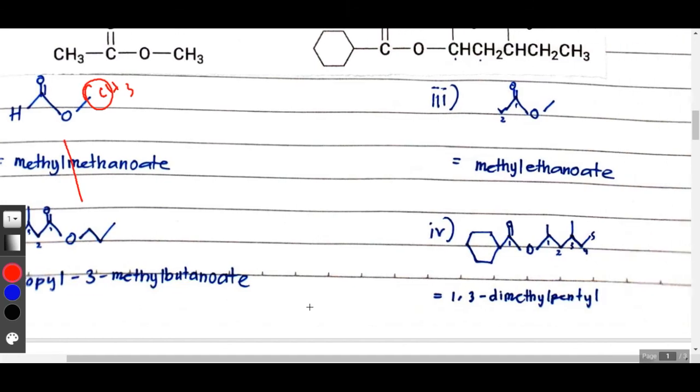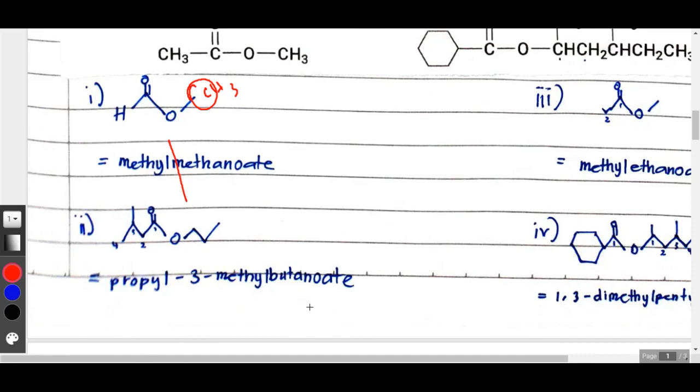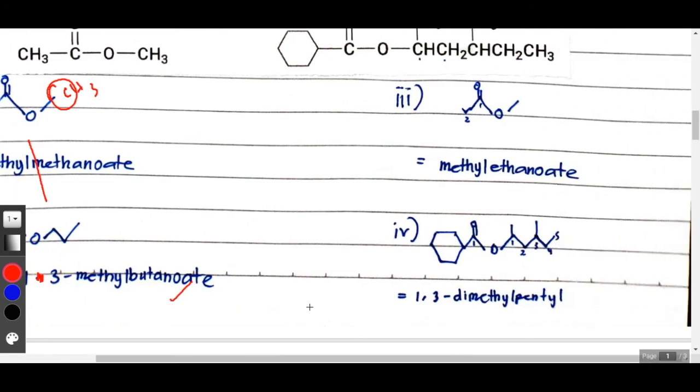This one, number 2. All right, there are 3 carbons. Okay, there is no dash here. 3-methyl butanoate. All right, correct. Number 3 is methyl ethanoate. There is only one carbon at the C single bond O, and there are 2 carbons there. Again, guys, please separate these two words, methyl ethanoate.